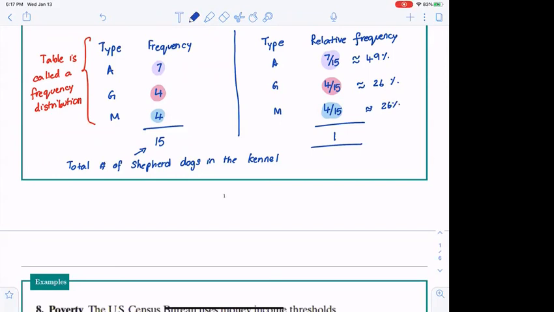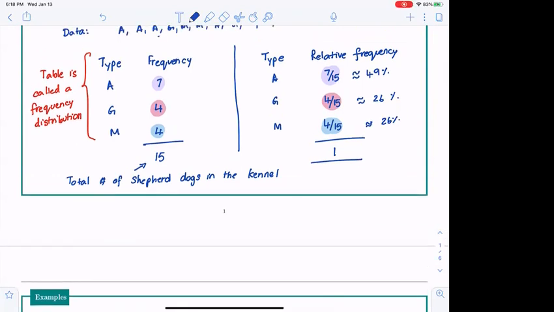Okay. And if we add everything, it'll probably come to 1. I'm just putting approximately for now because I'm not using a calculator. So once we have a frequency distribution, we can create what we call a bar graph. We can also use a pie chart.